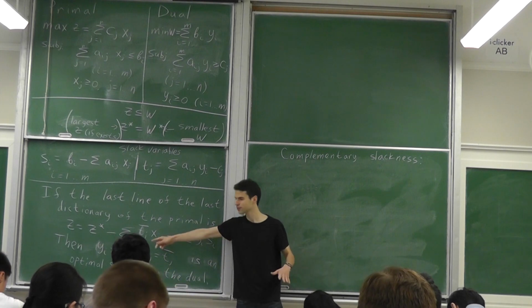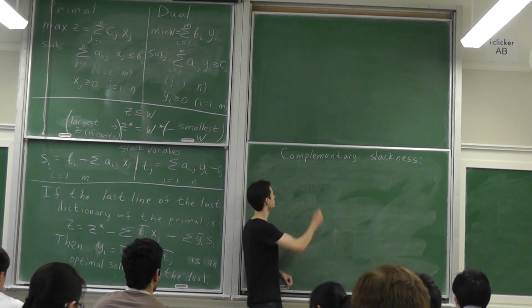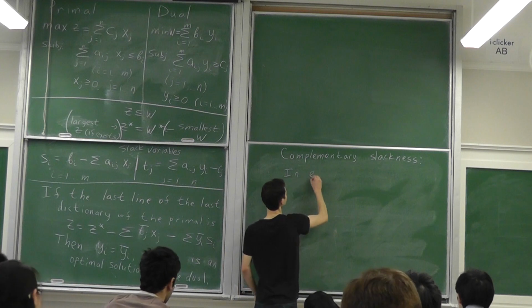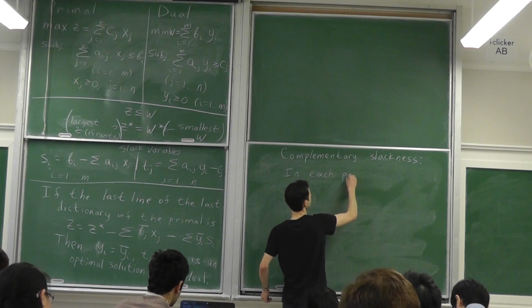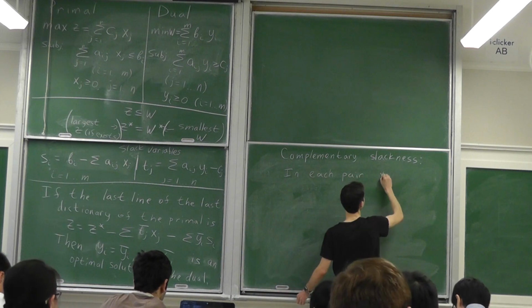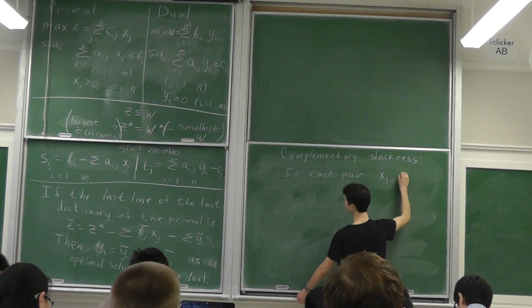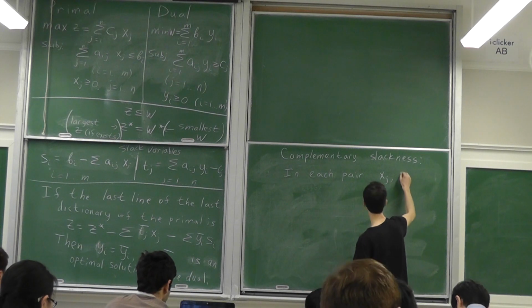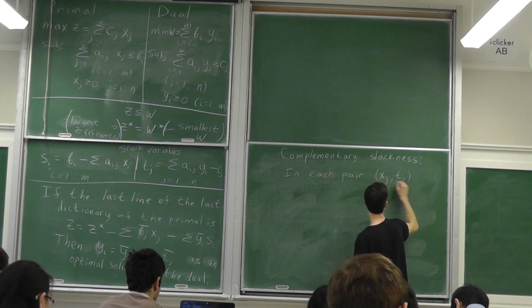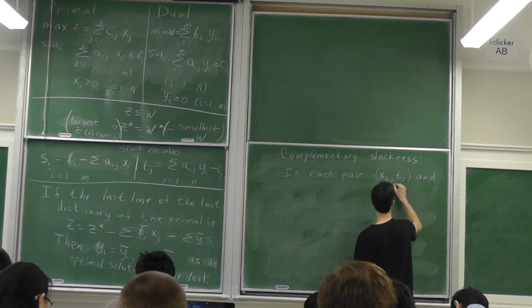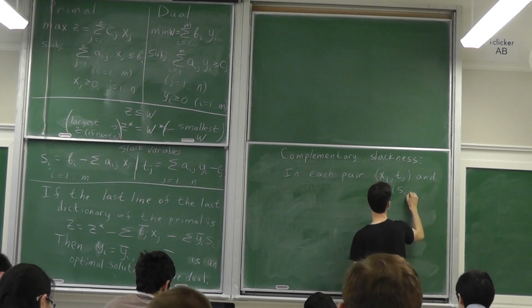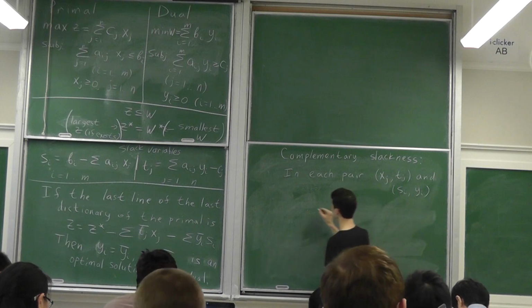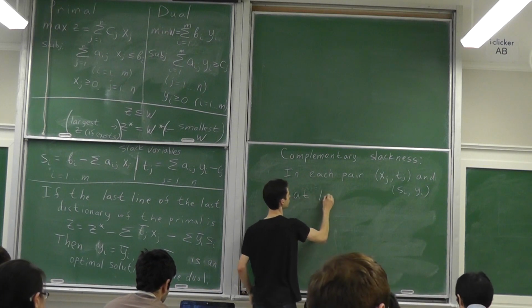In each pair x_j, t_j, and s_i, y_i, at least one of the numbers is 0.